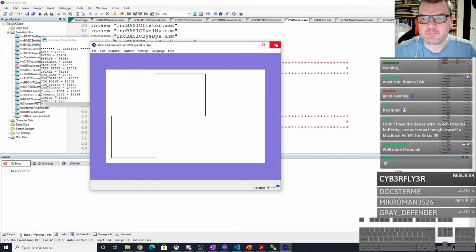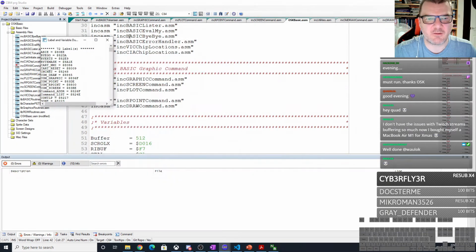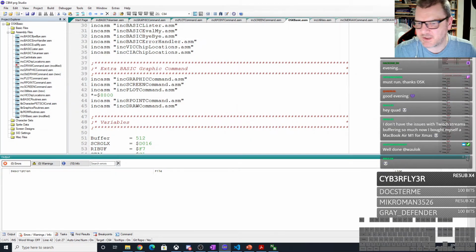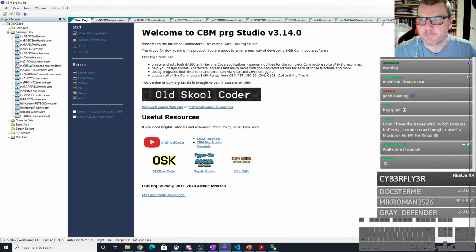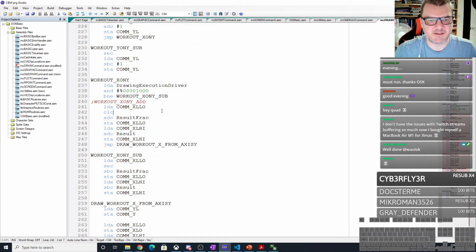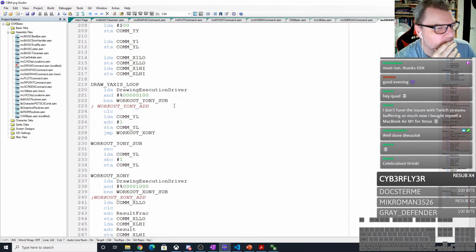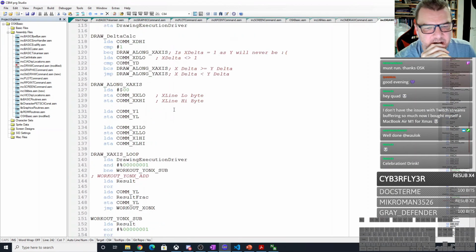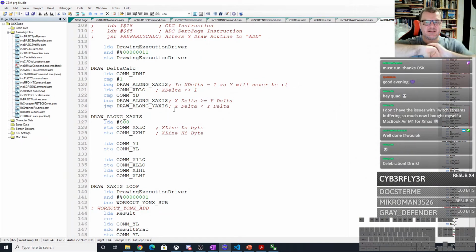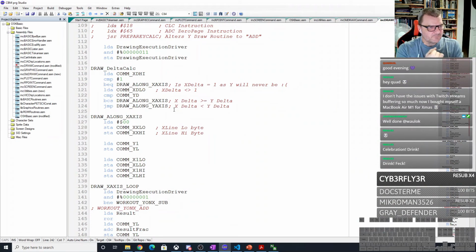So we need to now work out the ratio, because that's what's missing now. We need to do the divide. It's working out. I was expecting it to be completely all over, but because we didn't work out the result, it's defaulted to 0, so it's just given a straight line.